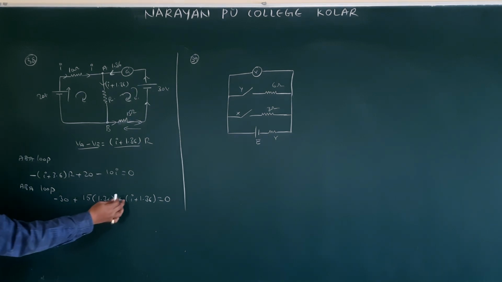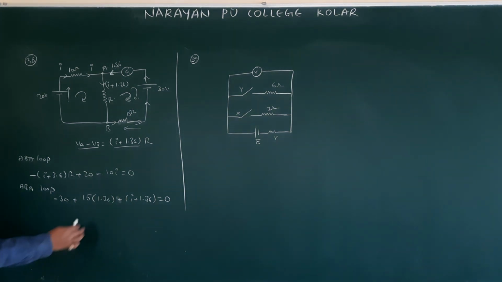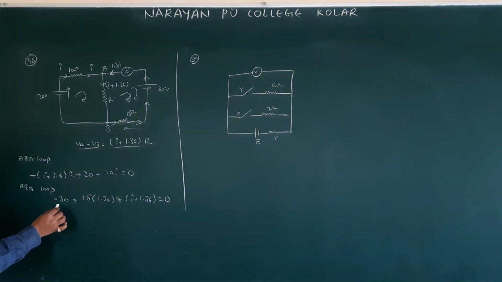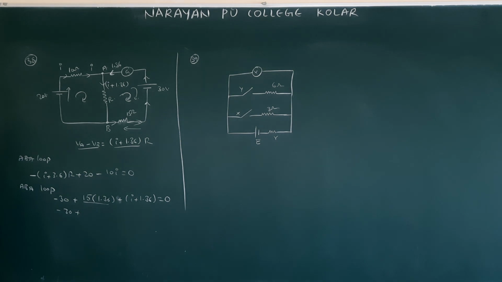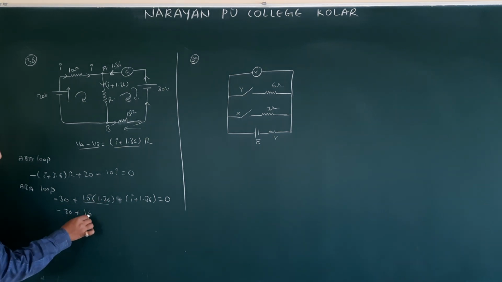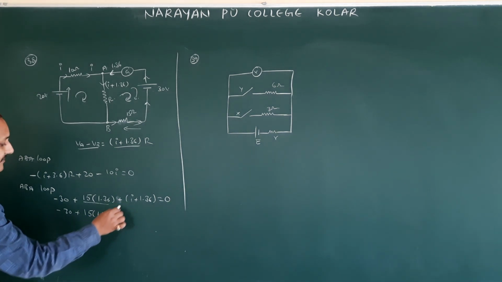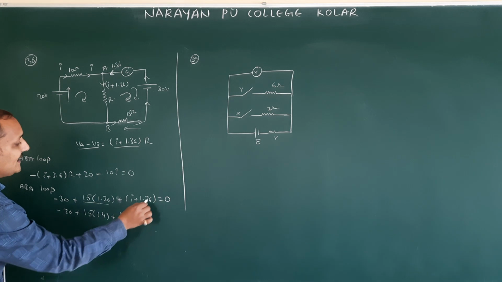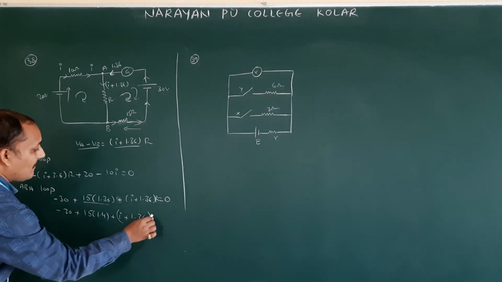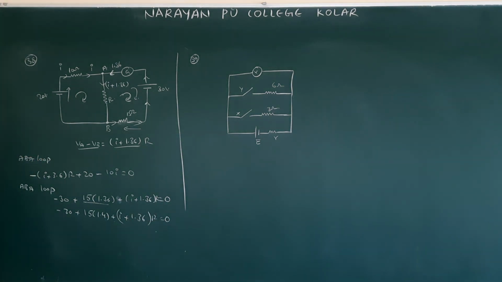Now, can you get I from this equation? So minus 30 plus 1.36 into 15. Almost you can take this as 1.4, 1.4 into 15 you can take. Then you will get nearly the answer. Plus I plus 1.36 into R is going to become 0.